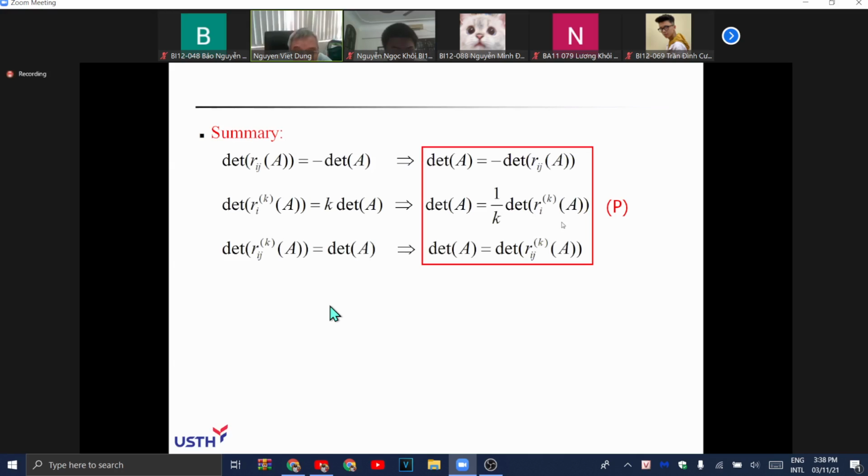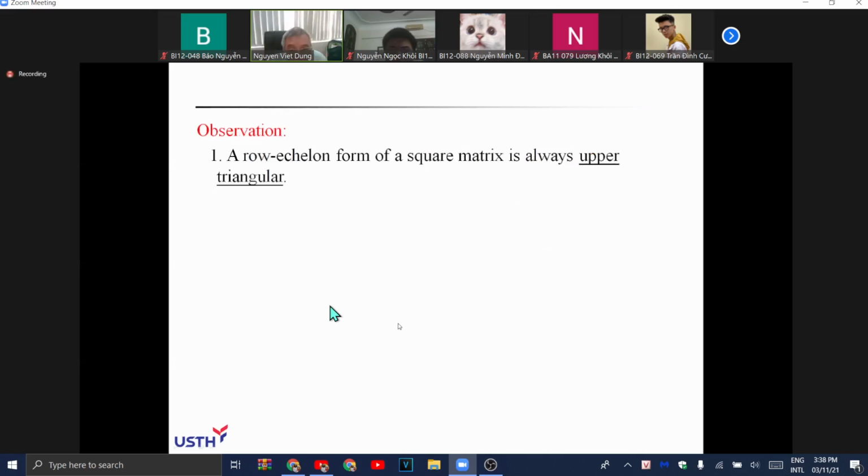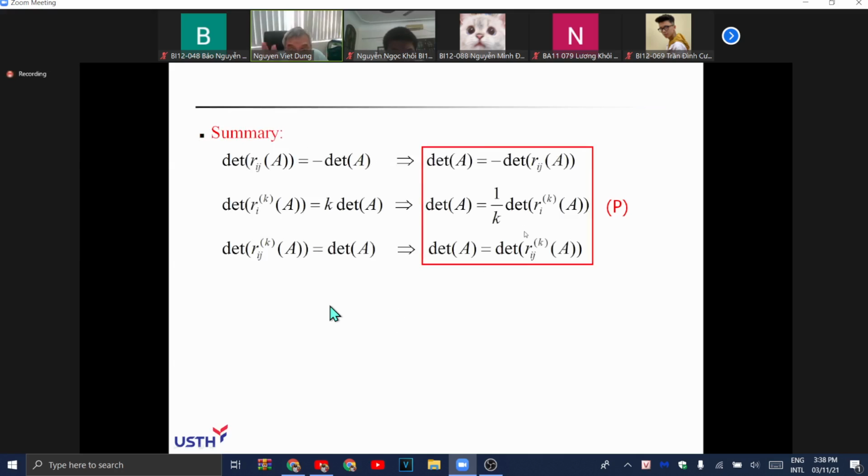I call it property number P. Now I am going to show you that we can use property P to find the determinant of any square matrix. How can we do it?